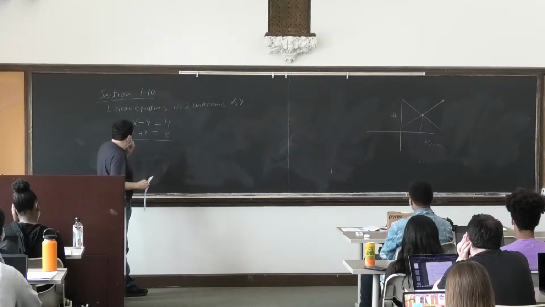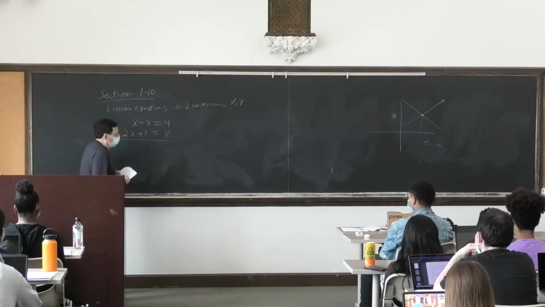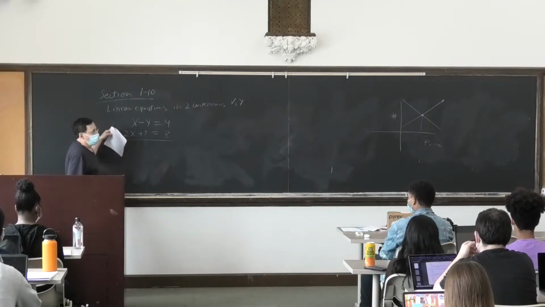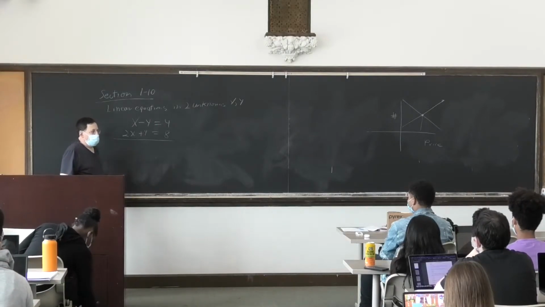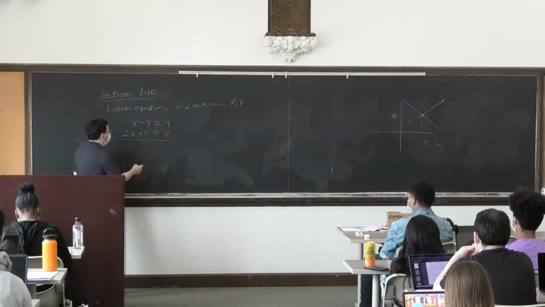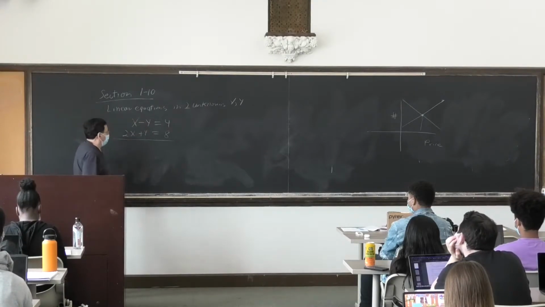All right, so you probably all remember that there are two ways we can solve these equations. One way is called elimination. The idea is we're going to add or subtract these in such a way that one of the variables disappears, it gets eliminated.